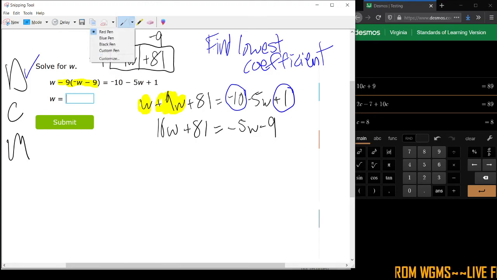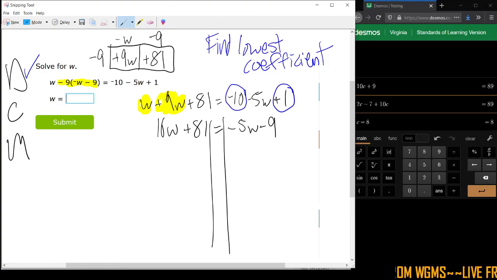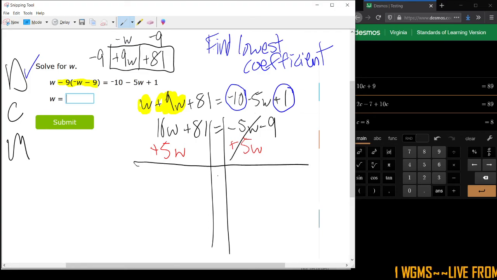So I'm going to add a positive 5W to both sides. So plus 5W to both sides. On the left side, they cancel out. The negative 9 comes down.